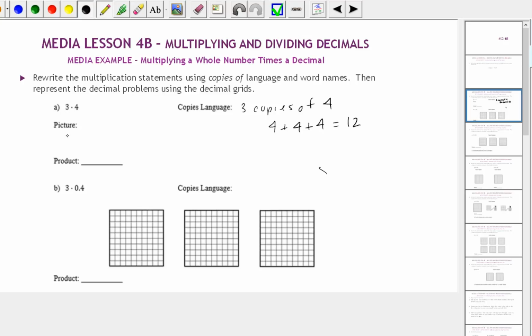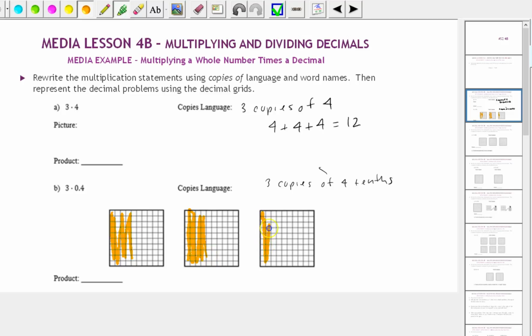So how is this going to connect to 3 times 4 tenths? Well, this will be 3 copies of 4 tenths. And this might be a little tedious to draw. I'll just shade really quickly.